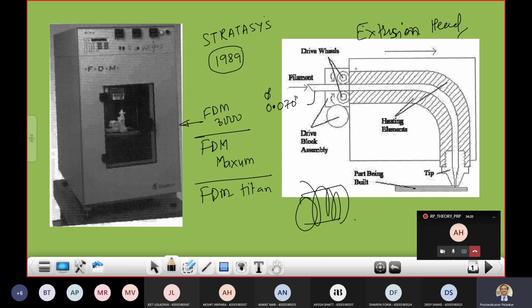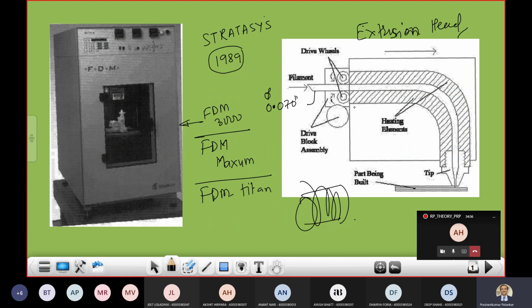Now in this extrusion head, I will tell you something about the drive wheels. These drive wheels, or drive blocks, are the raw material feeding mechanism. As I told you earlier, from this figure you can make out very clearly that one wheel is rotating in a clockwise direction and the other wheel is rotating in an anti-clockwise direction.